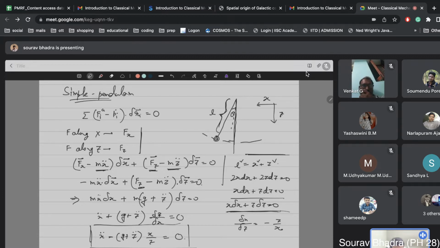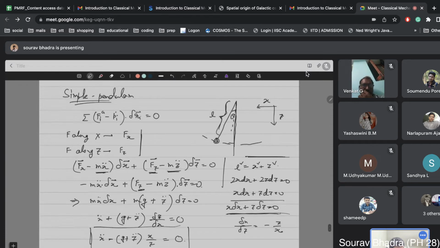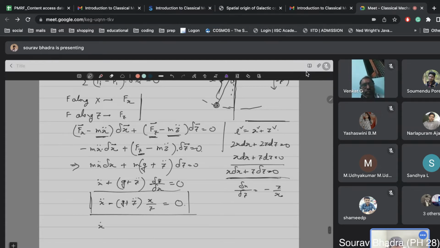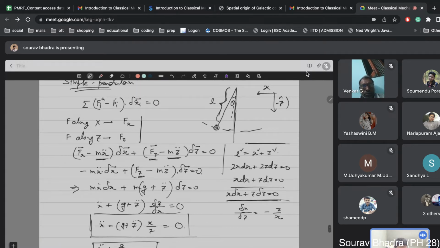So in that case z will be L, and if we take the length as a vector, then z will be minus L, because I am always taking the minus z direction along the downward direction. Though I have written z, consider it the minus z direction. So in that case the equation will be x double dot plus g by L x equals 0. This is a very well known equation for the small oscillation that you will see in future.